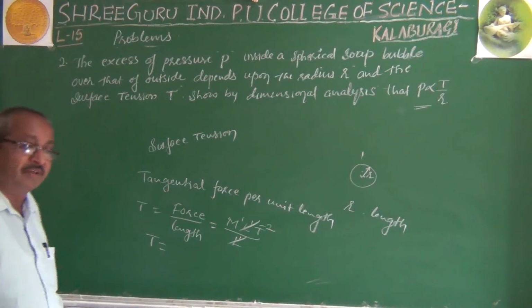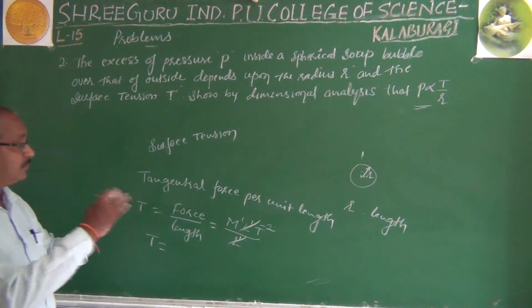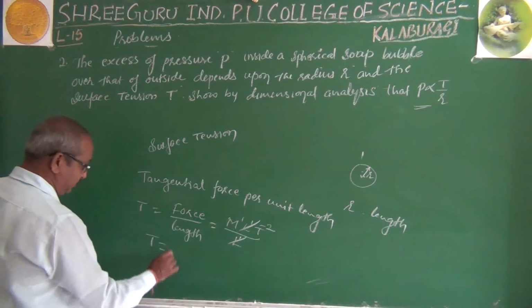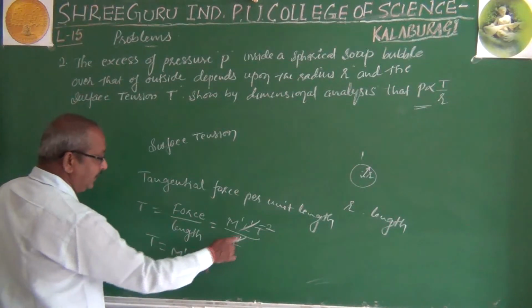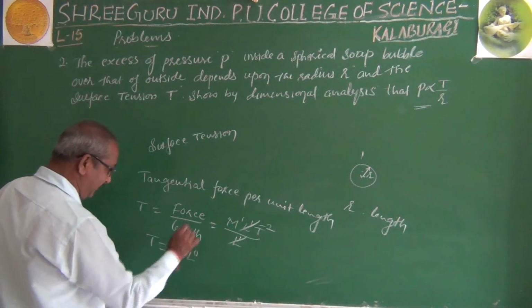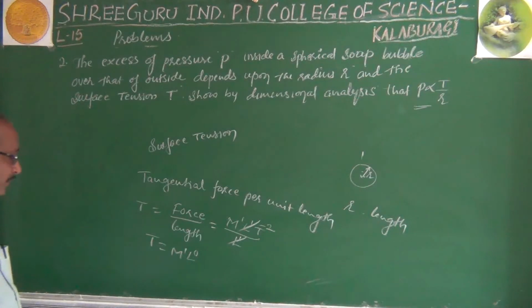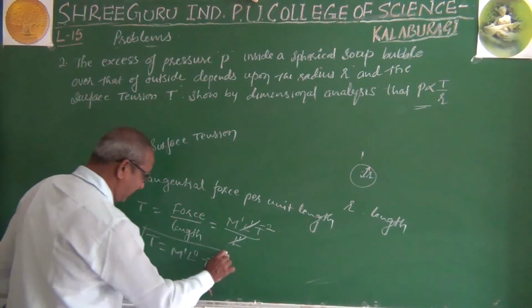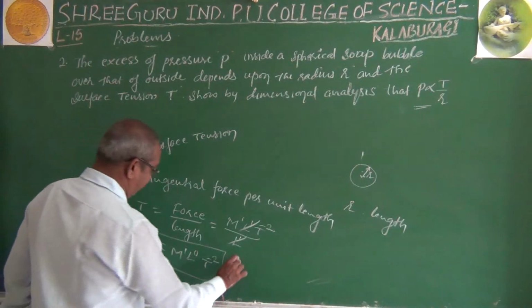In the last problem they mentioned T is the pivot, but in this problem they mentioned surface tension is T. Now M raised to 1, and L cancels, though we will write it as L raised to 0, T raised to minus 2. This is actually the dimensional formula.